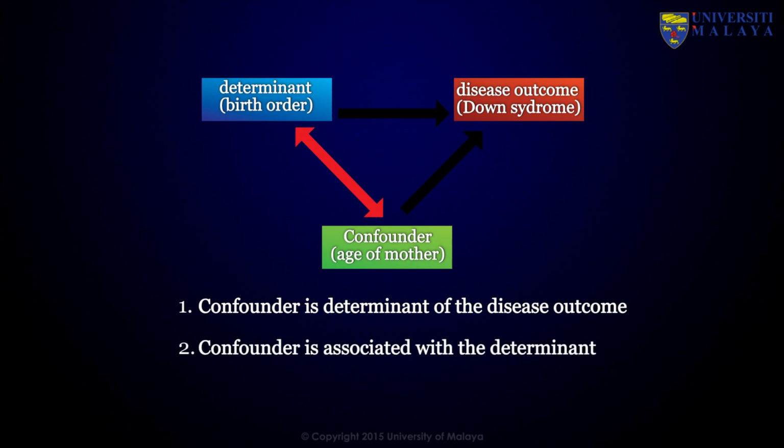Number two, the confounder is associated with the determinant. The age of the mother is actually associated with the birth order of the child. Number three, the confounder is not a factor in the causal chain, or it's not in between the determinant and the disease outcome. So in this case, age of mother is the confounding effect if you want to study a birth order effect on the outcome of Down syndrome.